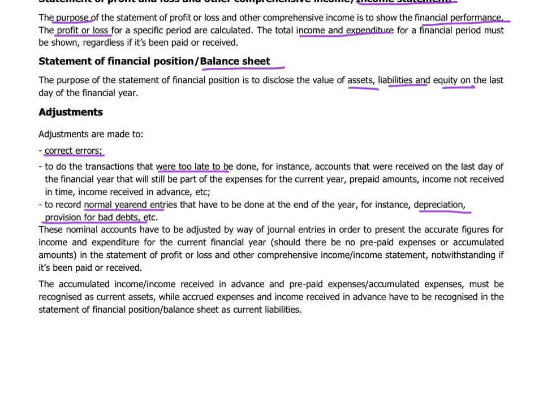The nominal accounts have to be adjusted by way of journal entries in the general journal so that we can present the accurate figures for income and expenses in our current financial year in our income statement to determine what is the profit that we made for the year. Any accumulated income received in advance, prepaid expenses, accrued expenses must be recognized as current assets, while accrued expenses and income received in advance must be recognized as current liabilities.